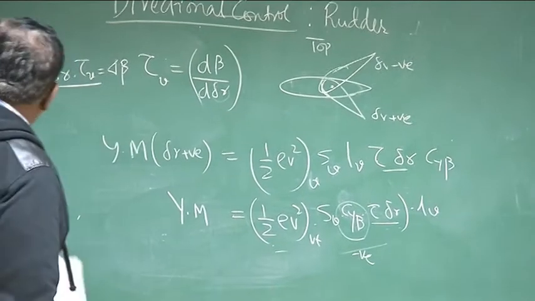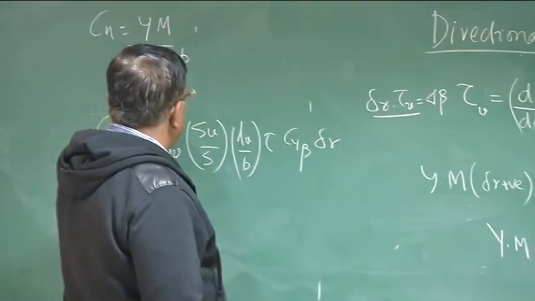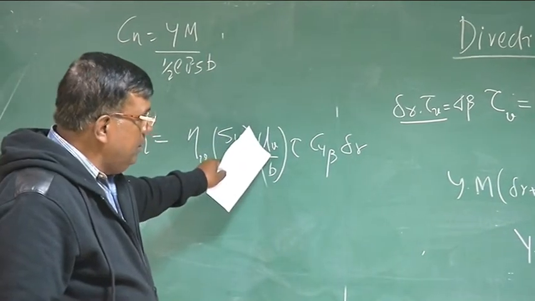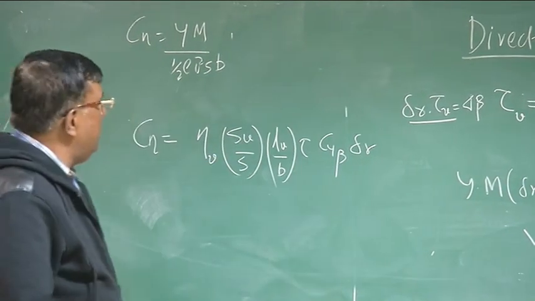Half rho V square, divided by half rho V square free stream, so it becomes eta SV by S, LV by B, tau.